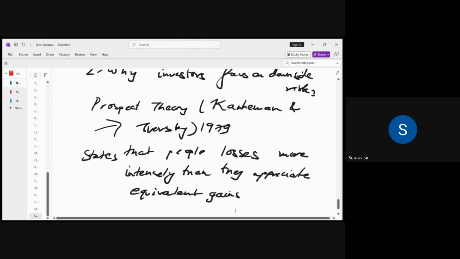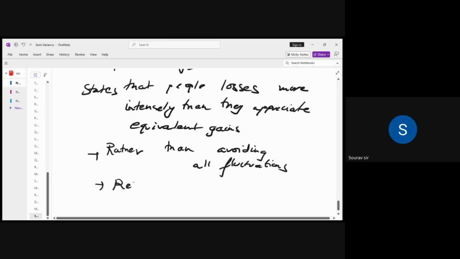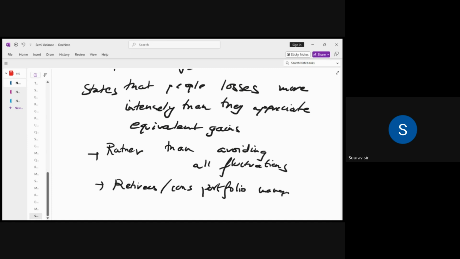And in real world investment decisions, they prioritize strategies that reduce downside risks rather than avoiding all fluctuations. And risk-averse investors, say the retiree or a conservative portfolio manager, care more about protecting capital than chasing high return.